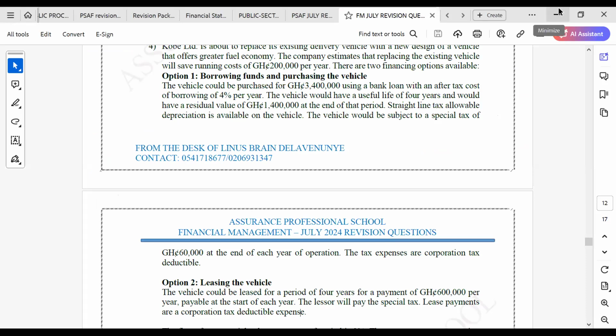But let me go and calculate the tax. Let's calculate the tax expense and the tax benefits together. The tax expenses are corporation tax deductible. The special tax that we are paying is corporation tax deductible. It means that they will be allowable for tax purposes also. So we'll still be getting tax benefits on the tax that we are paying.